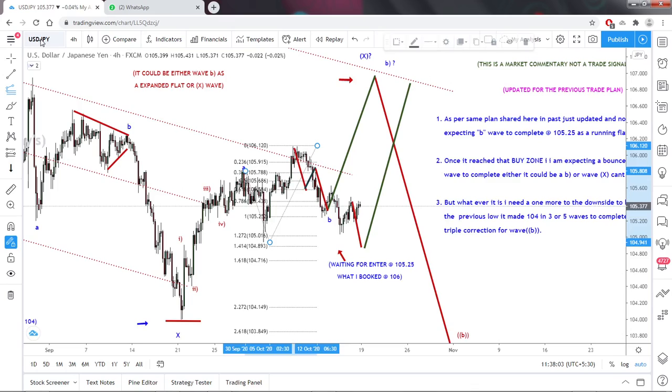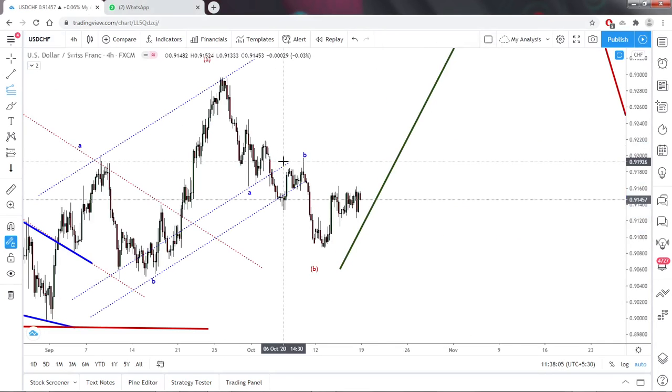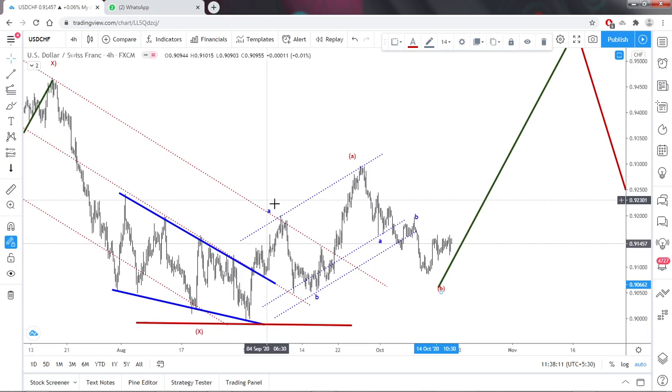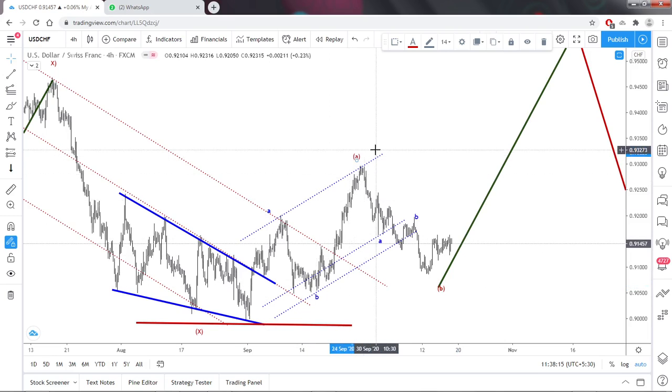Now we will move on to USD CHF. So that is also the same. It gave a deeper correction. So whether A, B, C, A and B and C, we can make it a W. We have to mark it as a W. This is the connecting wave. This is looking more like the US DX, US index, DXY.